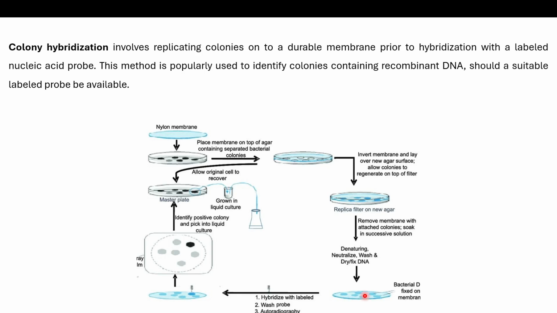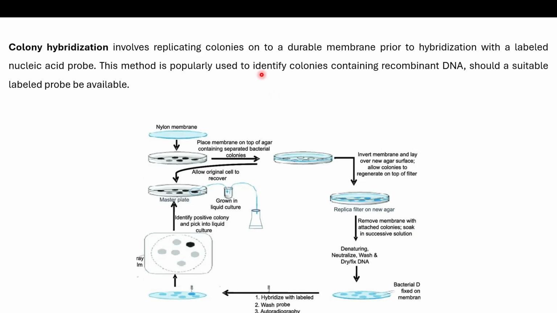Okay, only the colonies which have the genetic sequence of your interest will have the probes bound to them. So this is how you will have the probes bound, and then you can use it for further downstream processes to culture those particular cells from that particular colony which is having the probe bound to it.